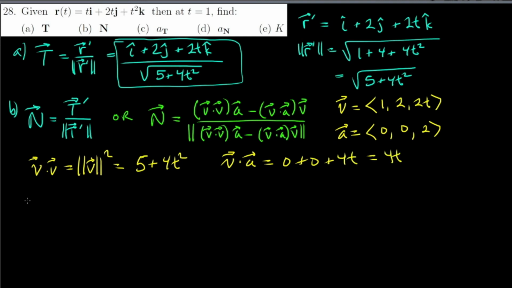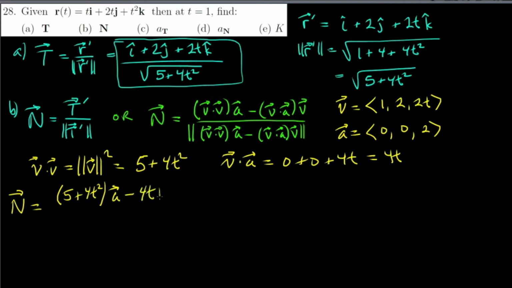Okay, so I think putting this all together, the unit vector n, that looks like a w, so n is just going to be 5 plus 4t squared, oops, sorry, 4t squared times the vector a. We'll write that down in components next time, right?